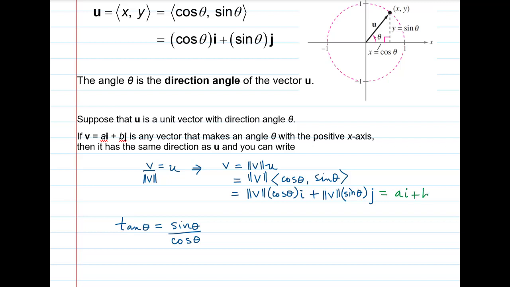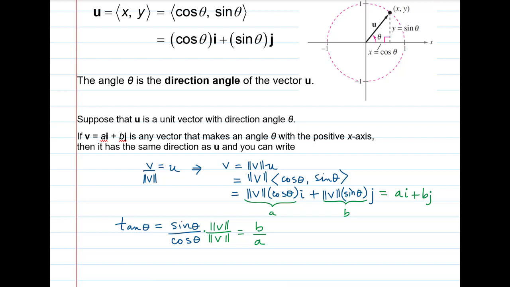And since this vector v is equal to ai plus bj for some arbitrary a and some arbitrary b, then the magnitude of v times cosine of theta is really just that coefficient a. And the magnitude of v times sine of theta is really that multiple b in front of the j. So if I do a little bit of algebra here and divide my sine by cosine, the magnitude of v cancels, and I just get b over a.